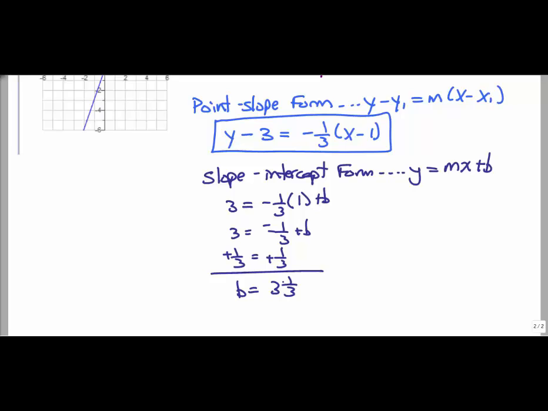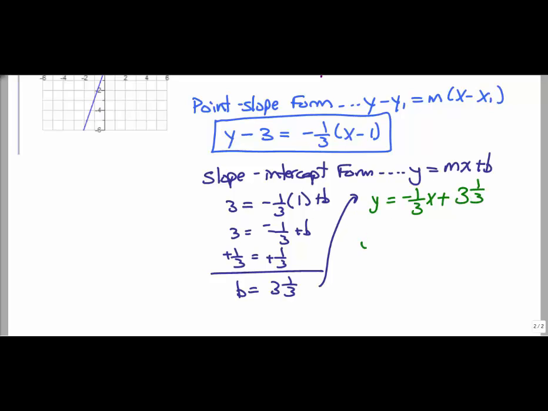Now, just as a quick warning, before we rewrite this, we need to remember that for some reason in college level math, we don't like mixed numbers. We usually use fractions. So make sure you always read the directions, and when it says to use a fraction, they mean an improper fraction. If they want a mixed number, they'll say mixed number. So I have y equals negative 1/3 x plus 3 1/3.